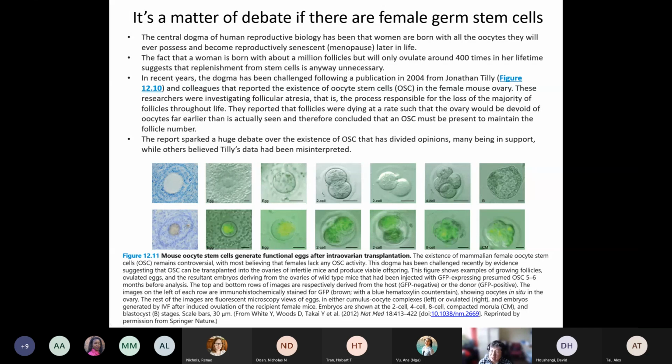But I guess eventually, if we have to demonstrate the presence of female germ stem cells, ask that question I told you to ask. Can you demonstrate that a single cell that you isolated is not a mature follicle? It's a single cell outside of a follicle or somewhere within the follicle, but people don't describe those as immature oocytes.